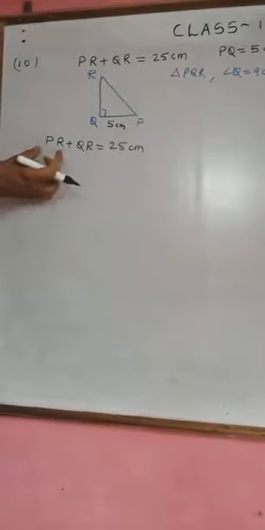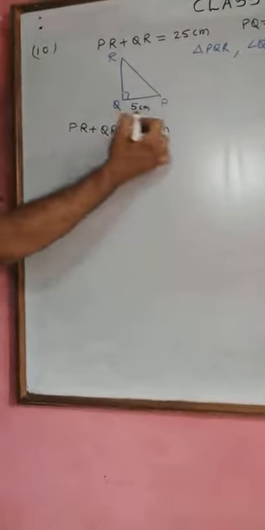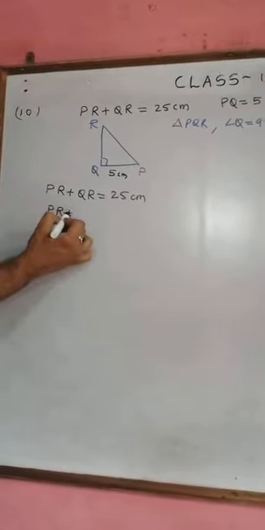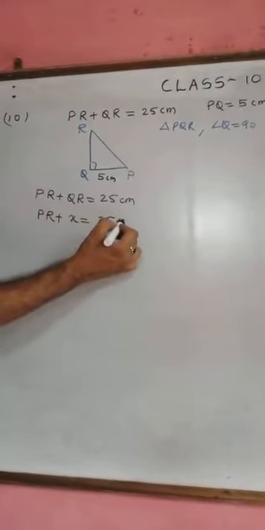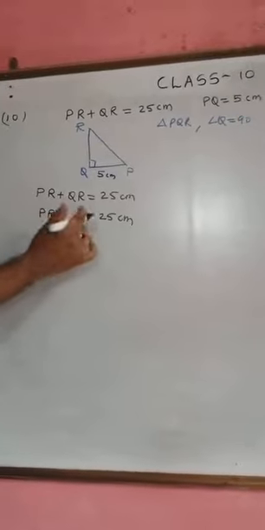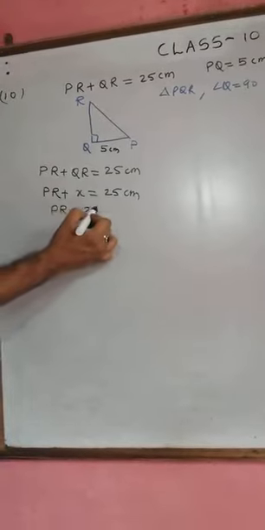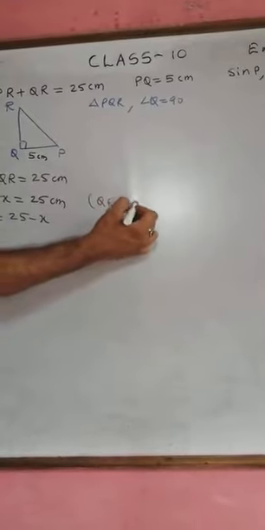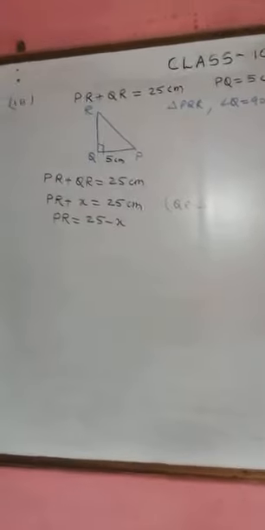So we will consider that let QR be X. In place of QR we will write X, and PR will be equal to 25 minus X, because QR we consider equal to X.